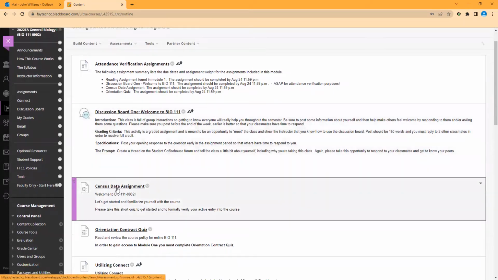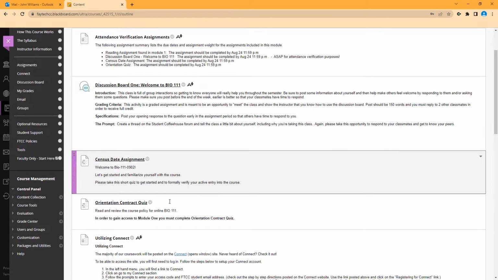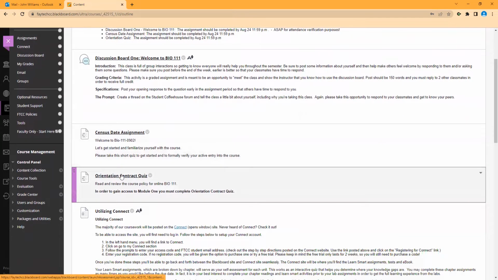The other assignment is the census date assignment itself. You'll click on this. It's a short quiz. You just have to answer those questions, and you'll be counted as present on the census date. The third portion is the orientation contract quiz.